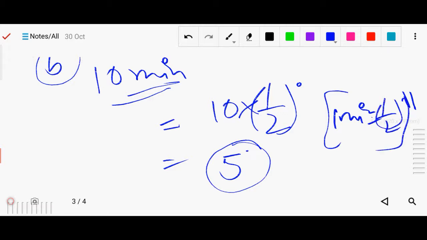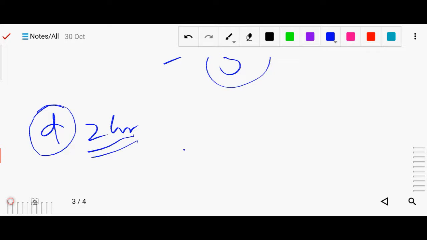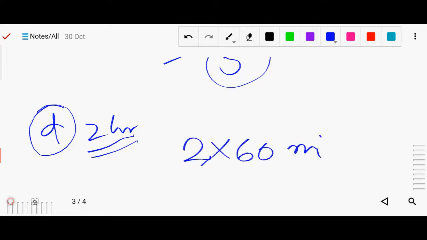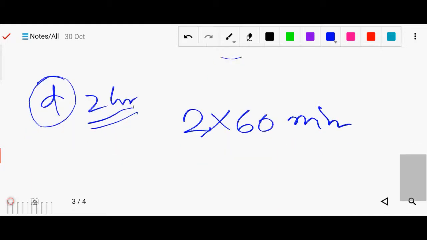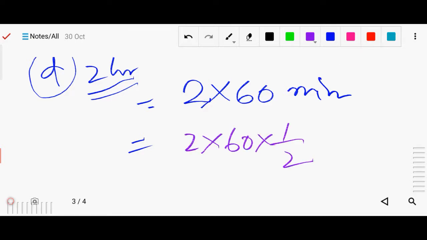Okay, similarly question number D is your 2 hours. For 2 hours, first of all you change it to minutes. So 2 into 60, so this is the minutes. Now we can change to degrees. So 2 into 60 into half, because in 1 minute how many degrees is it moving? 1 by 2.